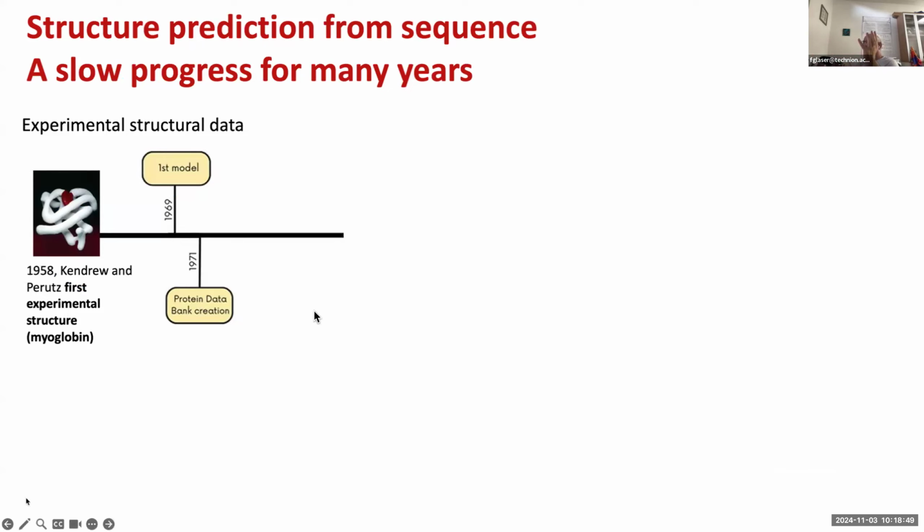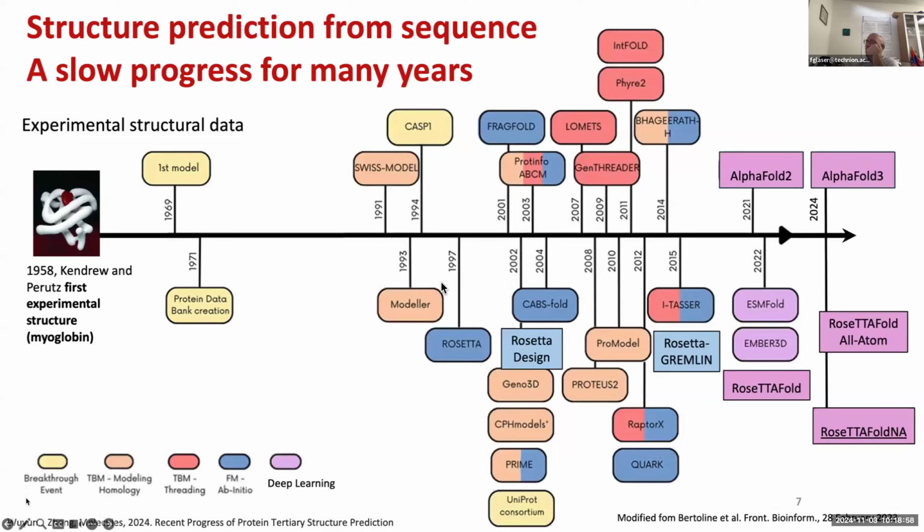And as the Protein Data Bank grew, a database with all the known experimental structures, there were an enormous number of different methods trying to do exactly that: take structural information and sequence information, and somehow predict the structure for sequences we don't have an experimental solution for.